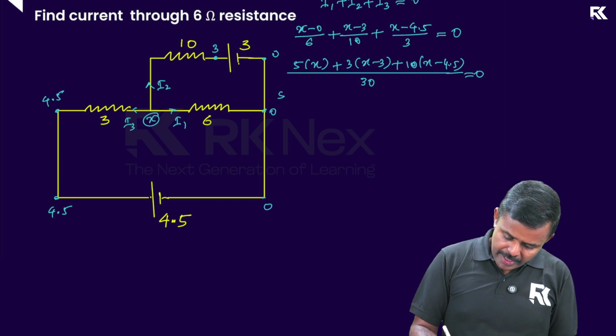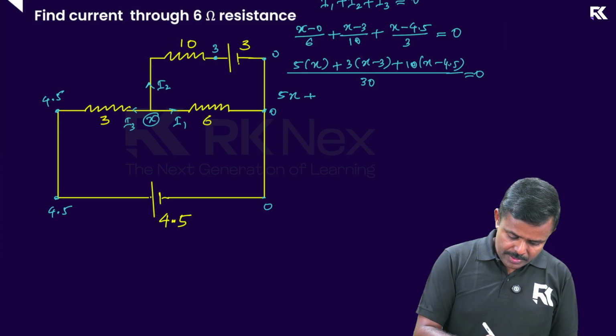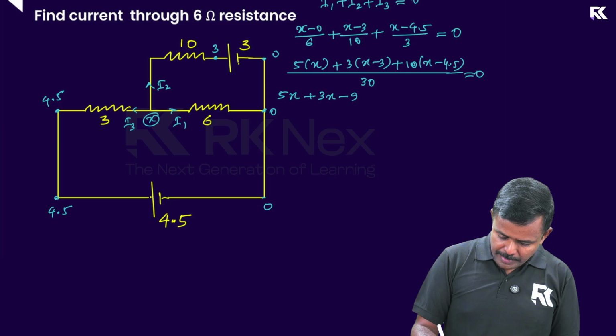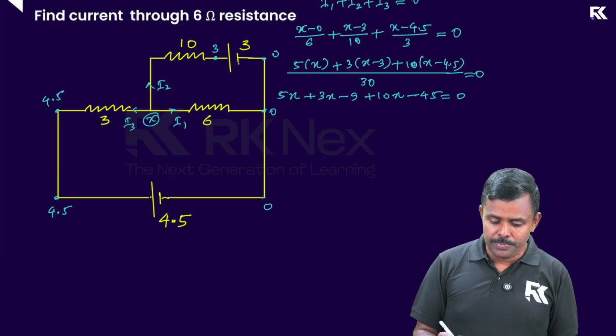If I simplify, I'm getting 5x plus 3 into x, 3x, 3 into 3, 9. So 5x plus 3x minus 9 plus 10x minus 45 is equal to 0.